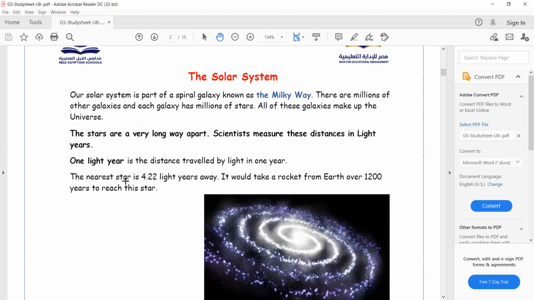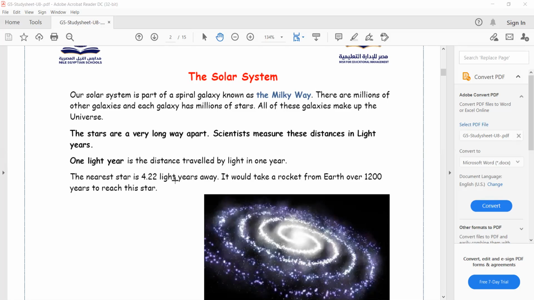The distance between our solar system, or our planet, and the nearest star to us is approximately 4.22 light years.